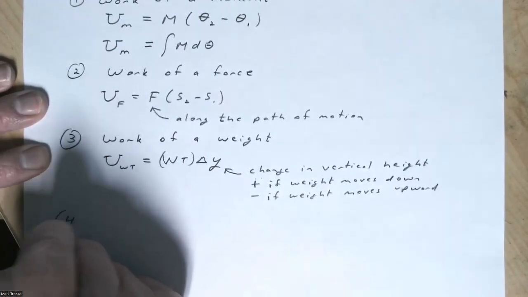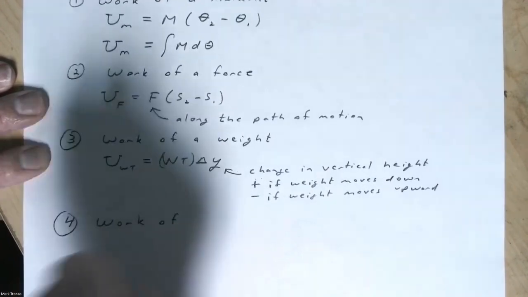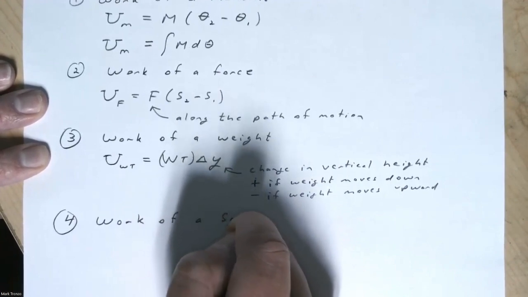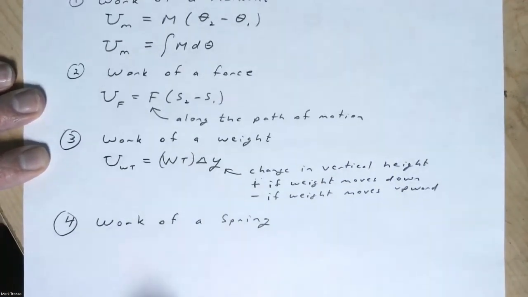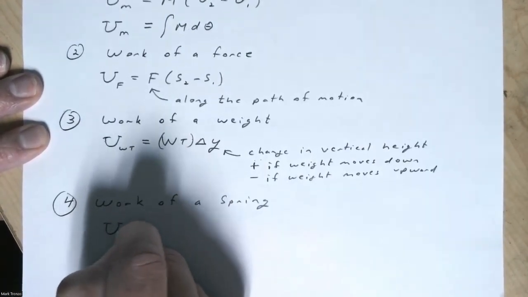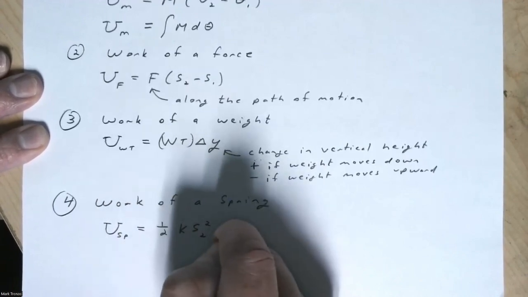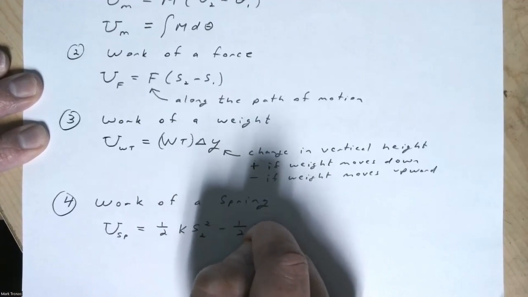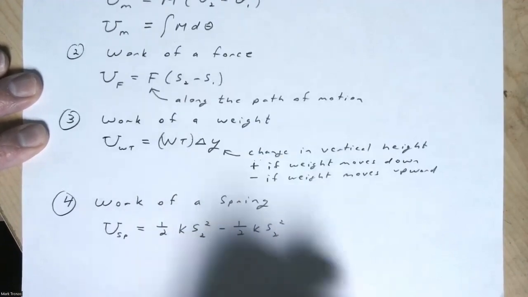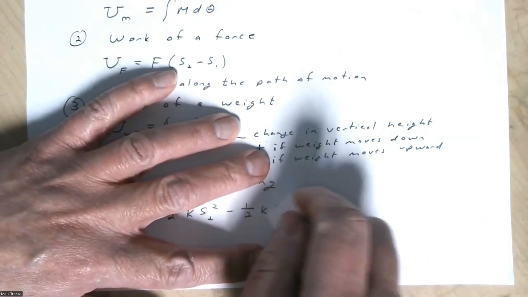Next, the work of a spring. It's given by this. Remember, K is a spring constant. Excuse me, this should be S1 here.